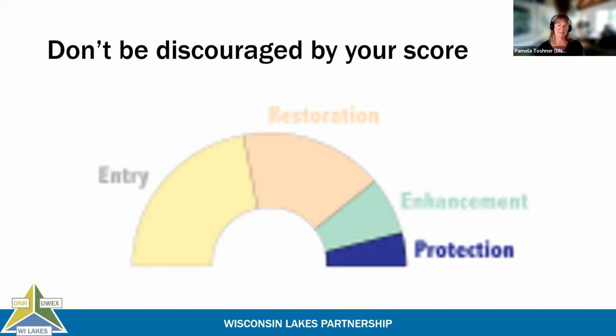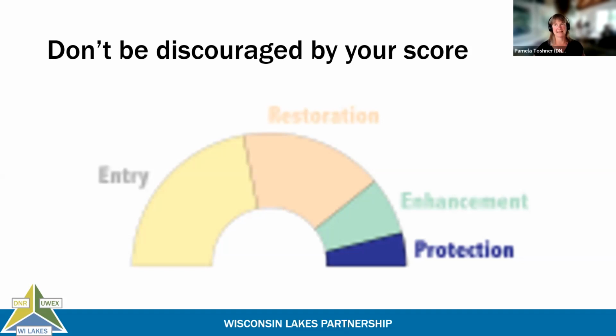So only about 10%, maybe max 10% or less of respondents will actually get a protection score. And that's okay, again, because like I said, that's our most natural shorelines. A lot of people, more than 10%, will land in enhancement. Most people are going to be in the restoration probably or enhancement category.